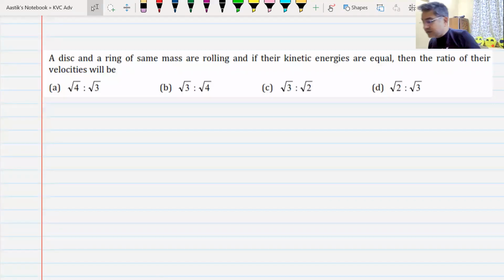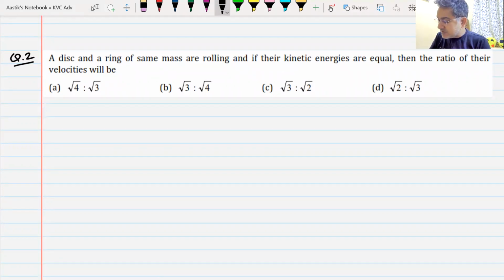A disk and a ring of same mass are rolling, and if their kinetic energies are equal, whenever they say kinetic energy, they mean the total kinetic energy, find the ratio of their velocities. I'll give you 1 minute to do this.